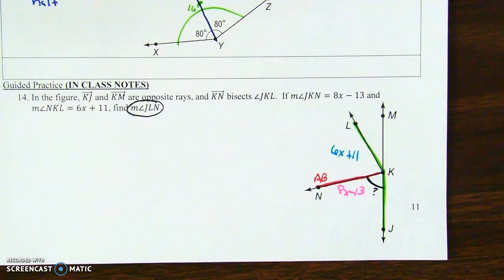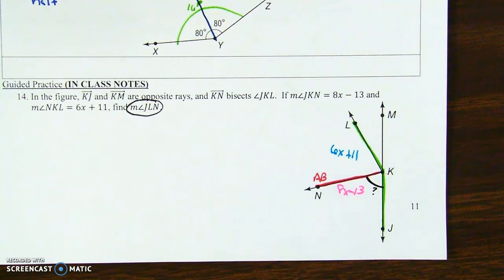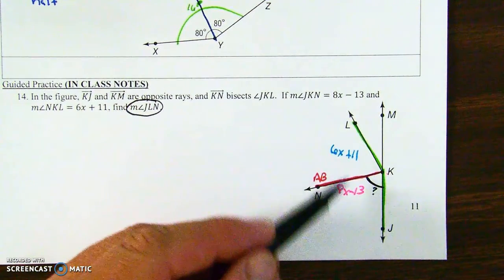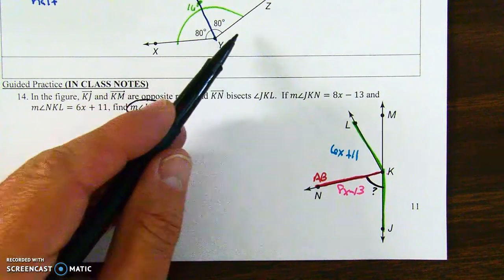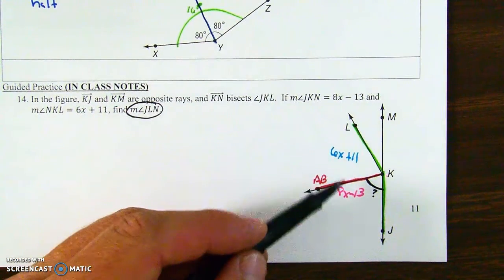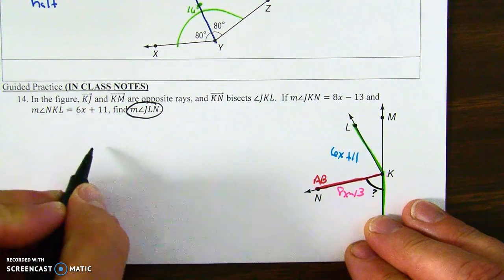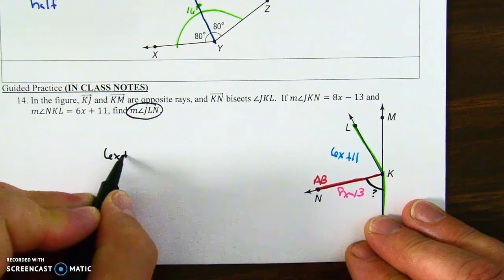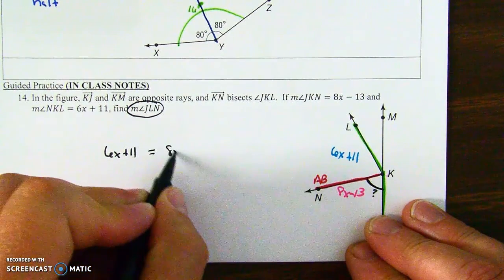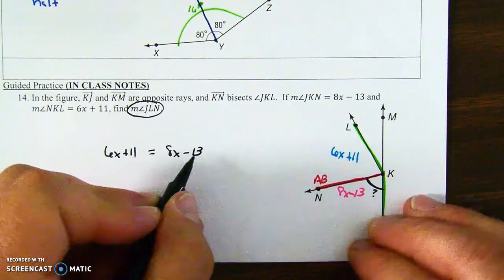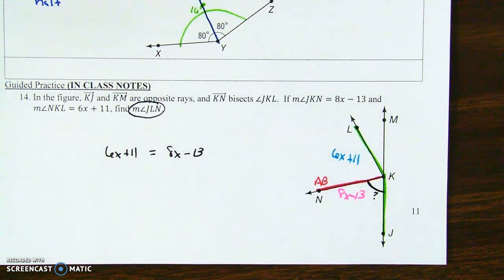Now, as we mentioned, this red line is an angle bisector. That means it cuts these two in half, so these two are equal. Therefore, we're going to set them equal to each other: 6x plus 11 equals 8x minus 13. Now all we have to do is solve some algebra.